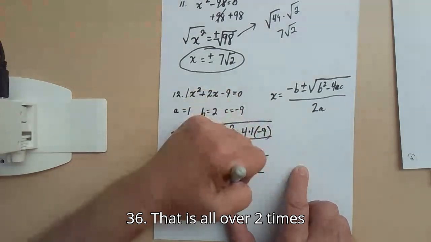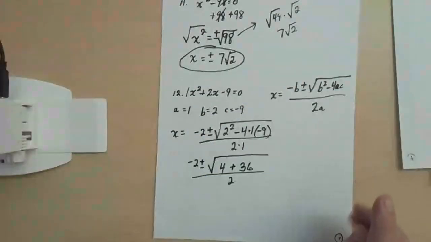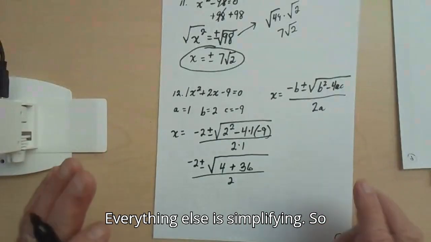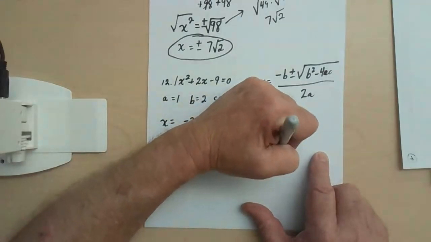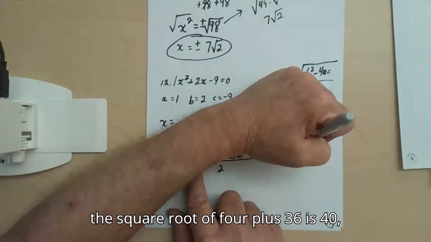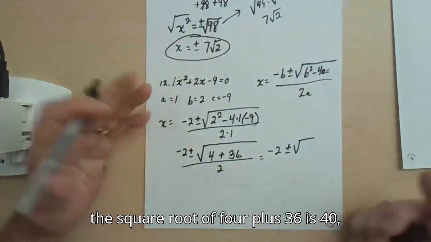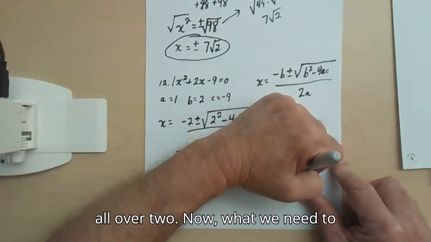That is all over 2 times 1, which is 2. Everybody with me here? Everything else is simplifying. So we've got -2 plus or minus the square root of 4 plus 36, which is 40, right? So the square root of 40 all over 2.